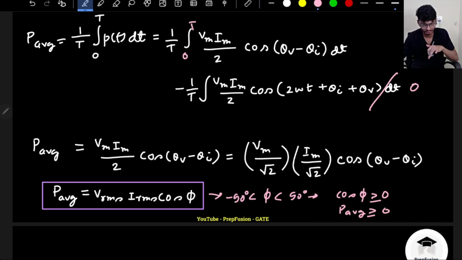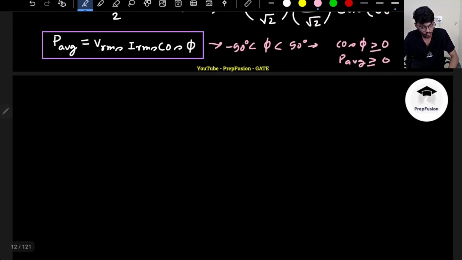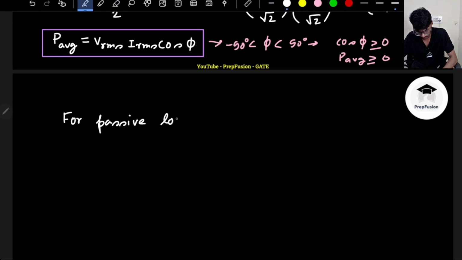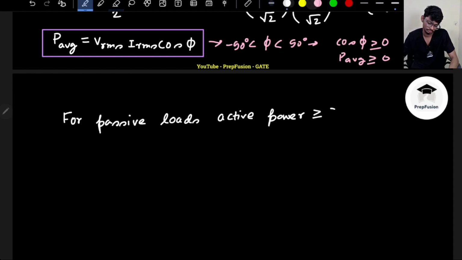It cannot be negative. So the important conclusion is, for passive loads, active power is greater than or equal to 0.